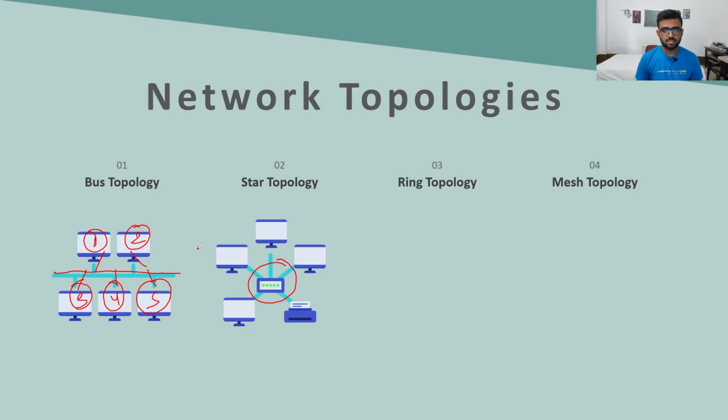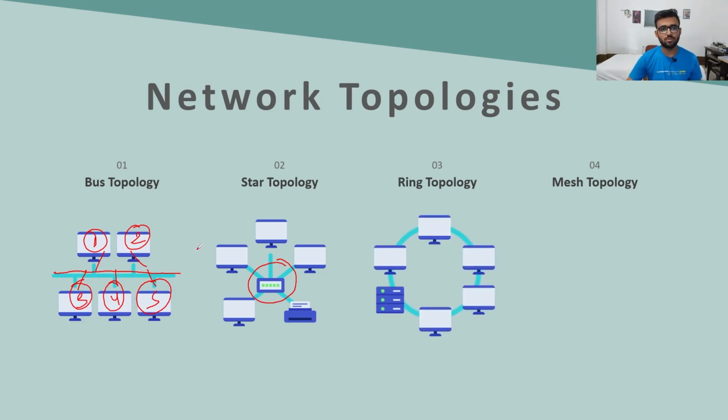Now the next is ring topology. So what is ring topology? Each device is connected to two other devices, forming a ring. Data travels in one direction around the ring. Like this PC is connected to this PC, which is connected to this server, and this server is connected to this PC.